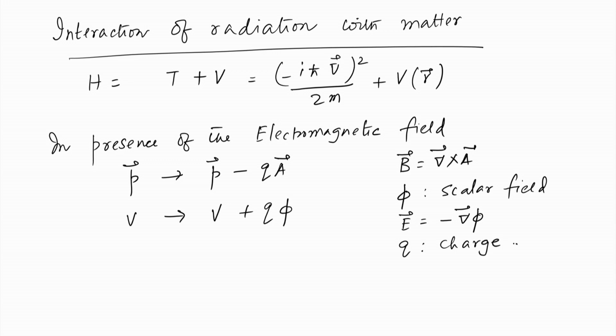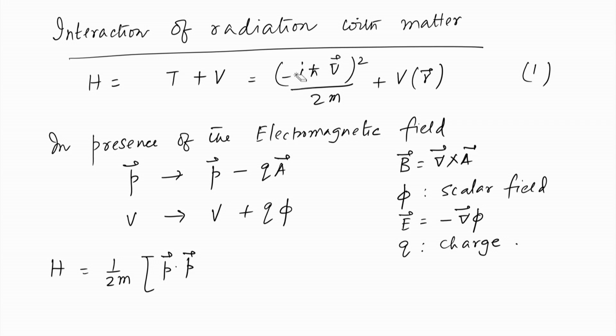So, now this change has to be made in the Hamiltonian 1. So, the Hamiltonian in 1 can be written as 1 over 2m. So, the P, again I am writing it in terms of P. So, this is actually equal to P square over 2m.